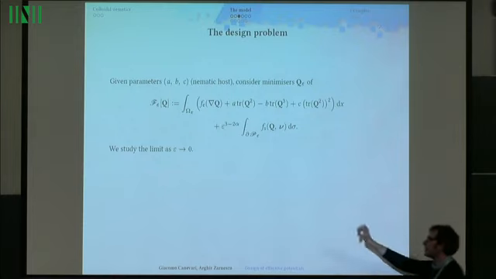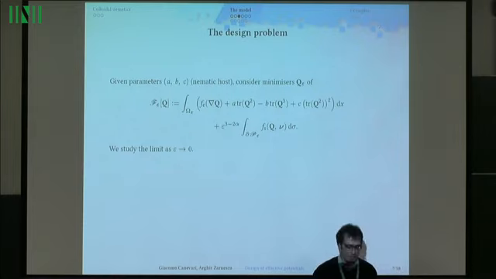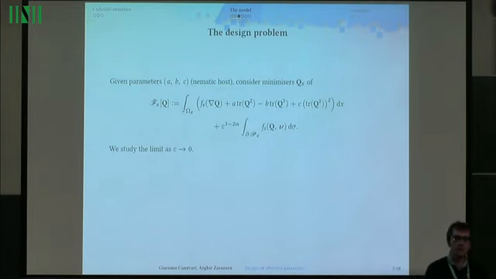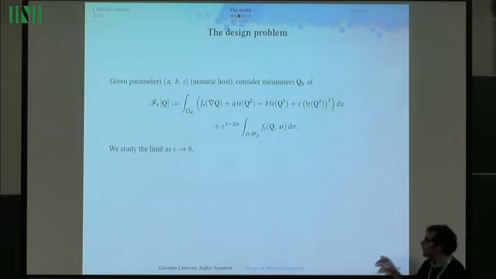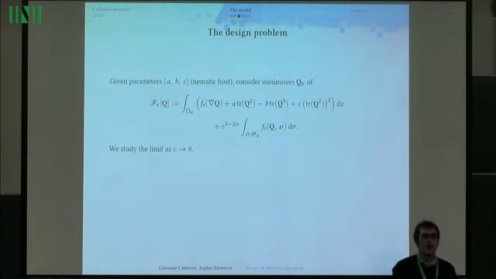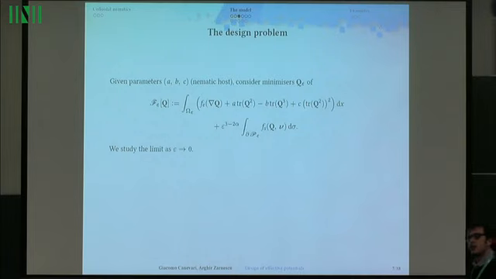This limit is the limit where the particles get small compared to the size of the domain, but they also get closer to each other. And what we would like to do is hopefully to study the limit of this free energy functional, because that should be a sort of effective free energy, which we hope would give us some effective properties of the material, of the composite material, some homogenized properties of the composite material.